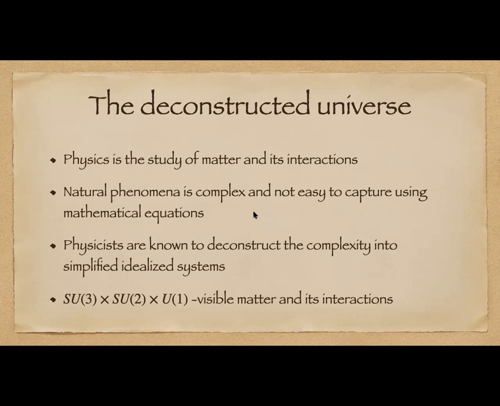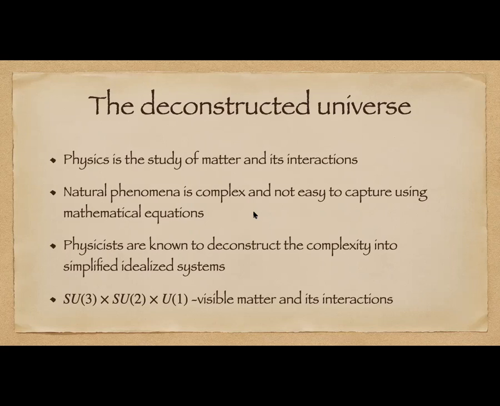In particular, all the visible matter and its interactions is categorized into the physics of a set of objects which live in the representation of SU3 cross SU2 cross U1 Lie groups of symmetries, and their mutual interaction happens because nature tries to preserve these symmetries.